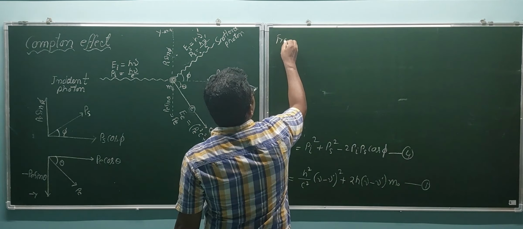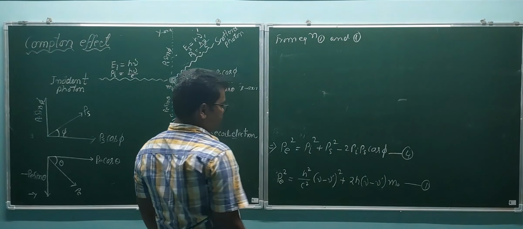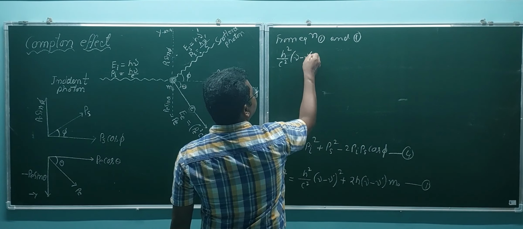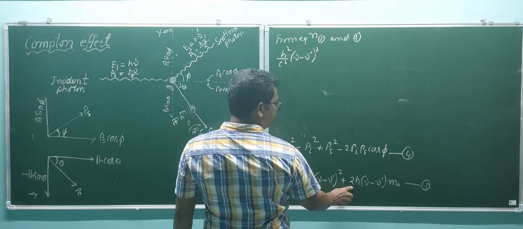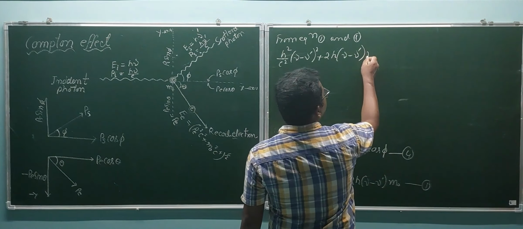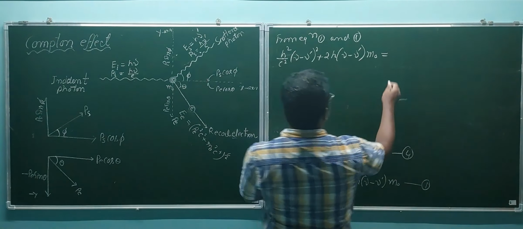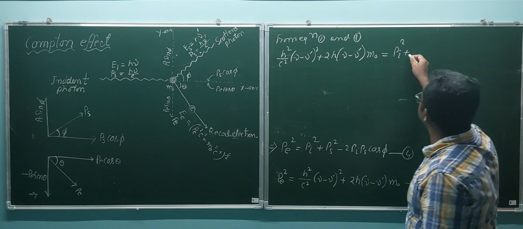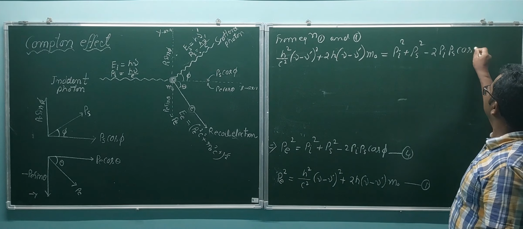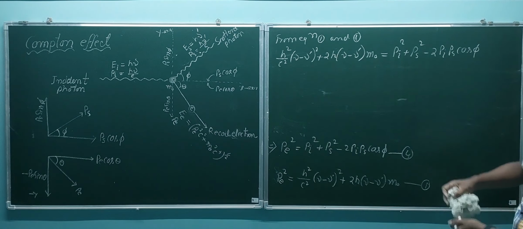Now from equations 1 and 4 we get h square over c square times nu minus nu prime whole square, plus twice h nu minus nu prime m naught, equal to pi square plus ps square minus twice pi ps cos phi. Okay, so we can erase this.